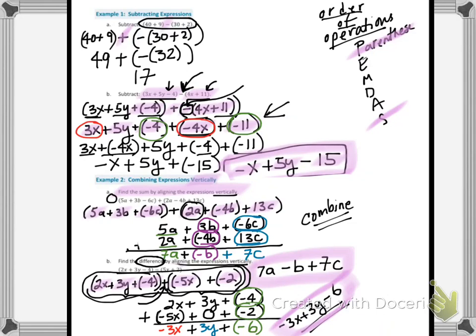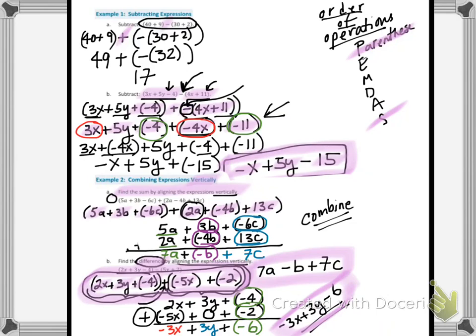And again, just to reiterate why, even though we were finding a difference here, we actually used a plus sign: in this step, we used the additive inverses, the sum of the opposites is the opposite of the sum.